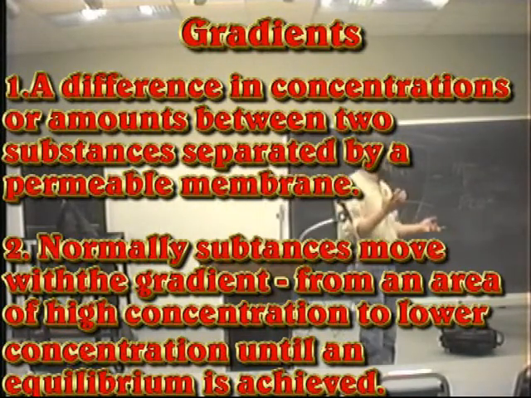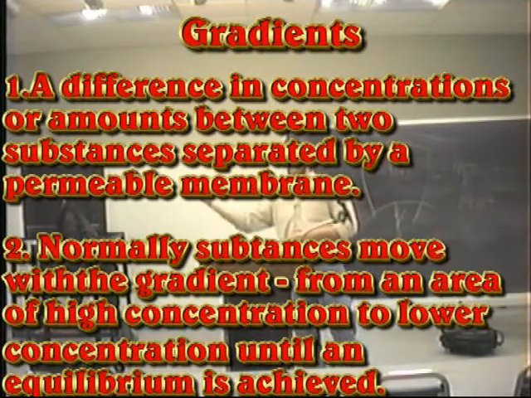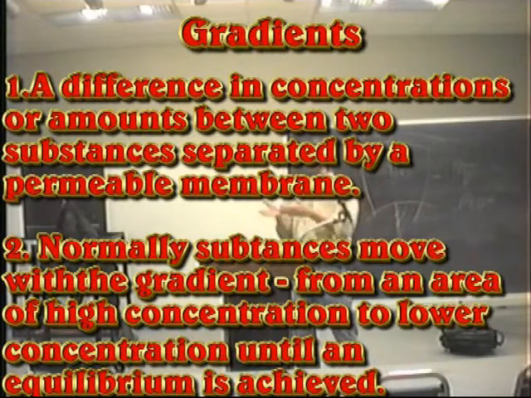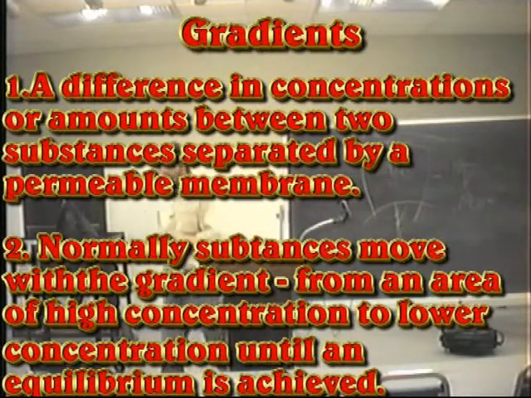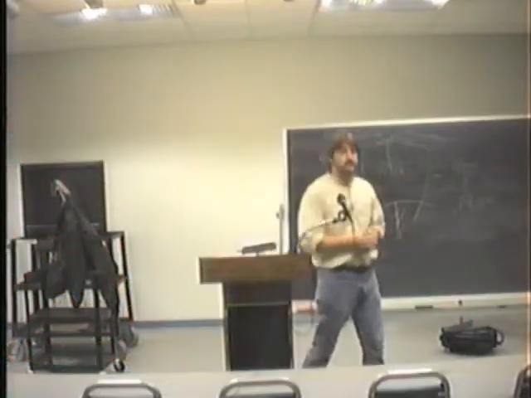And if we gave the physics definition, we would say it travels from an area of high concentration to an area of low concentration until an equilibrium is reached. It's just one of the forces of nature that it happens. And there are all kinds of gradients.